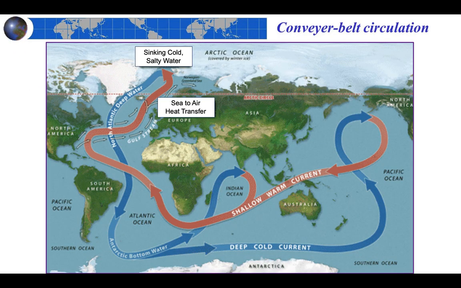The last thing I wanted to show you is the conveyor belt circulation system in the global oceans. So we're looking at the thermohaline conveyor belt circulation. The blue color shows the deep cold waters, and the red color shows the warmer current systems.